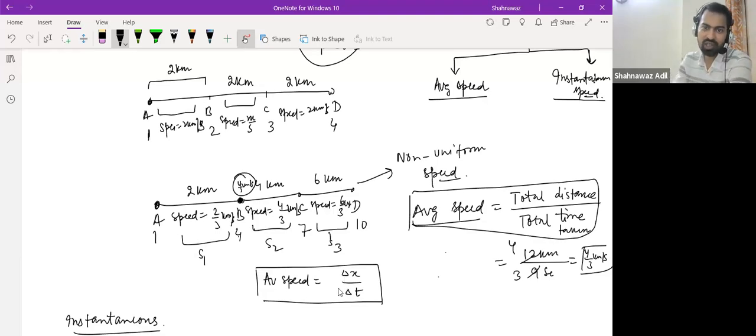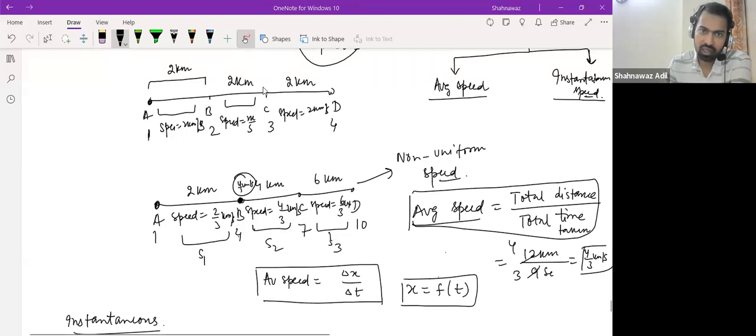But whenever you are given the parametric form, whenever you are given x as a function of t, then you calculate delta x by delta t.